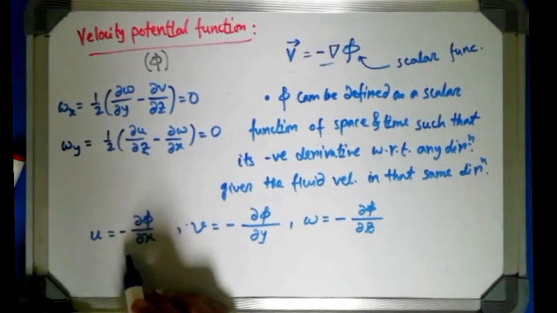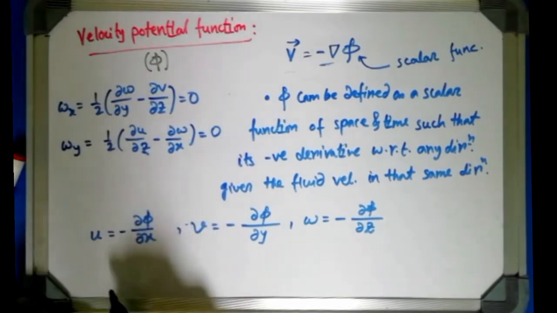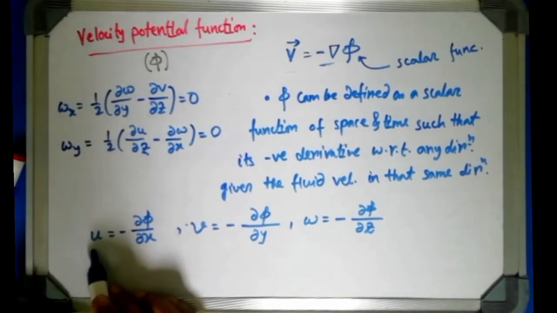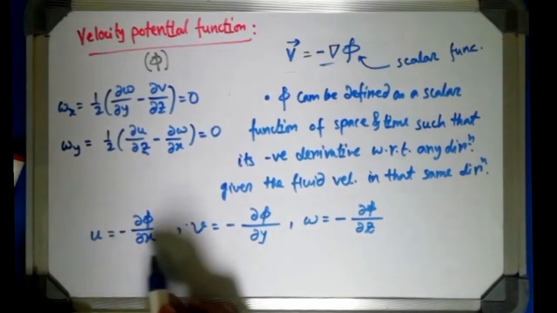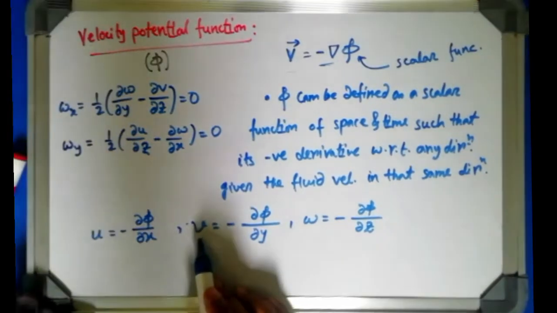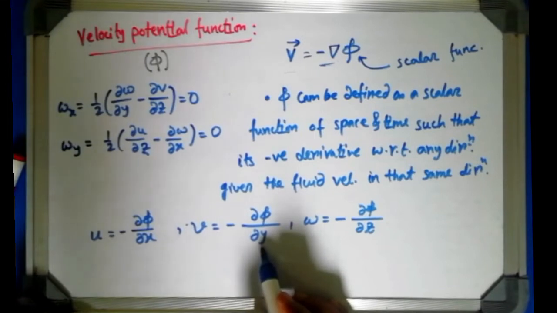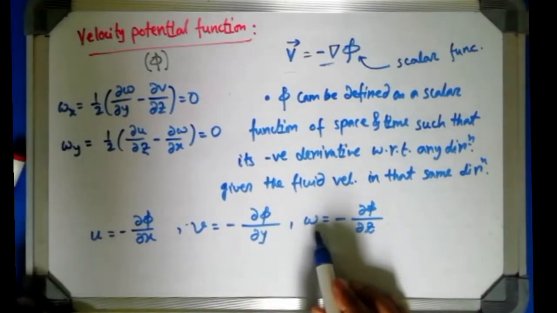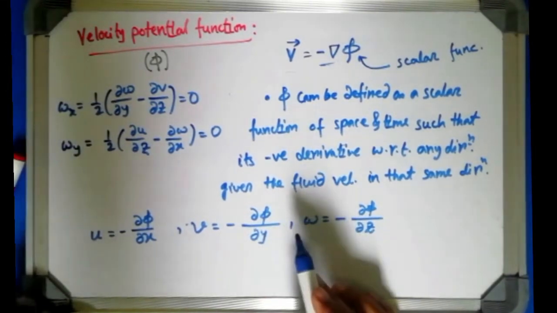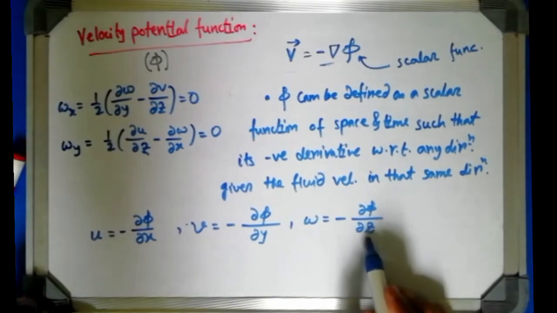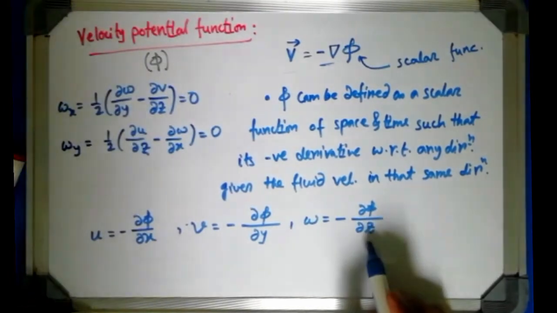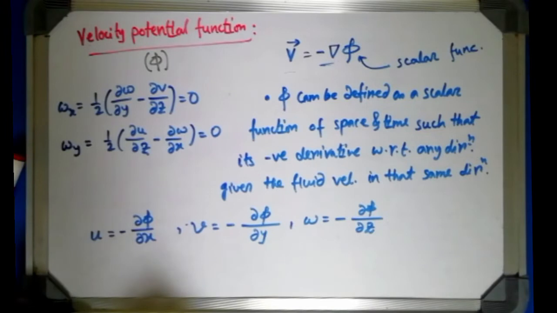See, negative derivative in that particular direction, u is expressed in x direction, that is why del phi del x is there. V is expressed for y component velocity, that is why del phi del y is there, and small w is velocity in z direction, that is why del phi del z is there in the same direction.